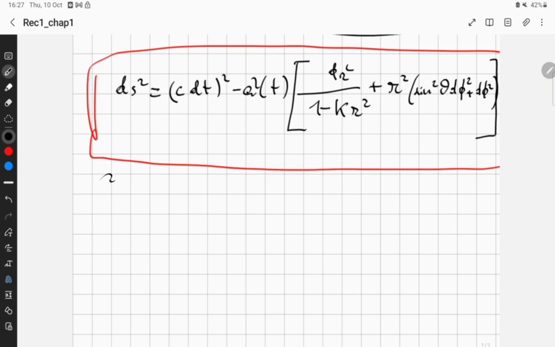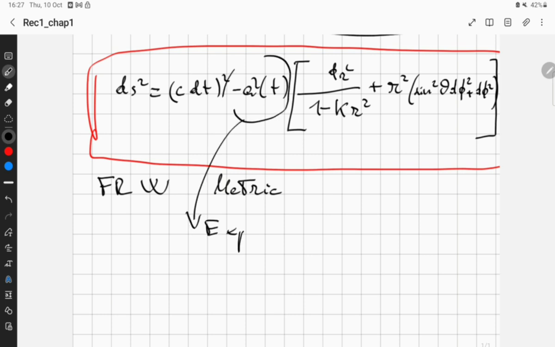And this is the so-called Friedmann-Robertson-Walker metric. This here, as we said, is the expansion parameter or expansion factor.